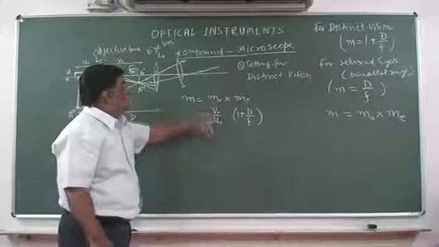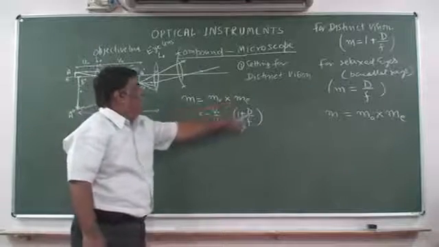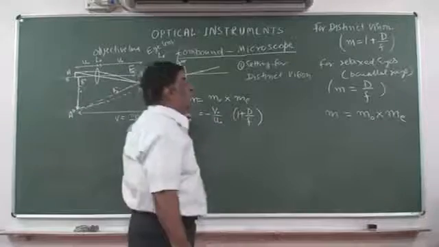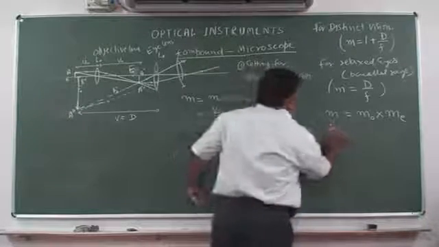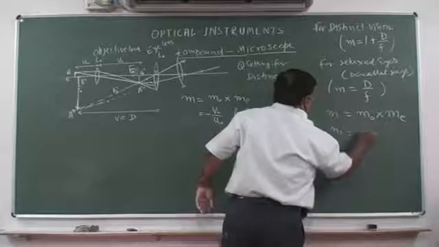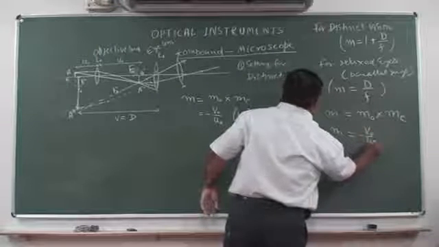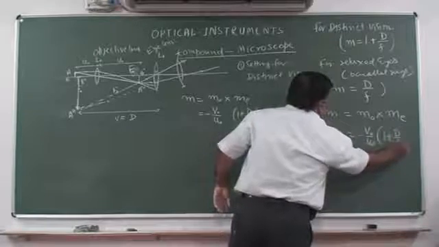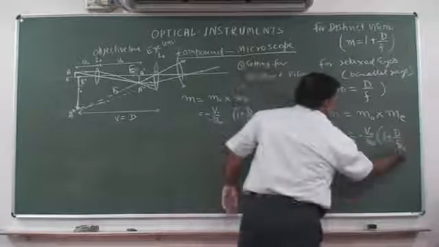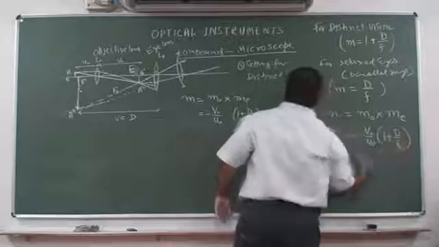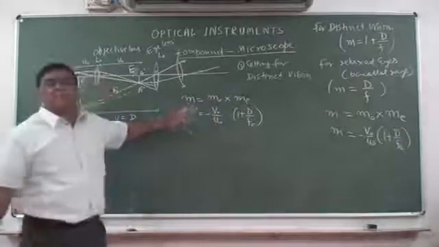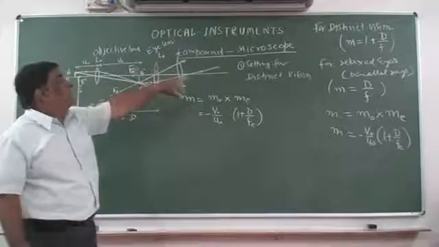So this is minus V upon U, and this is 1 plus D upon F. This is the total magnification formula for compound microscope. M is equal to minus V naught upon U naught and 1 plus D upon F. Whose focal length? Eyepiece. So this is E.